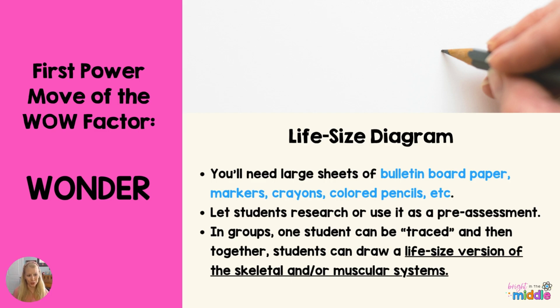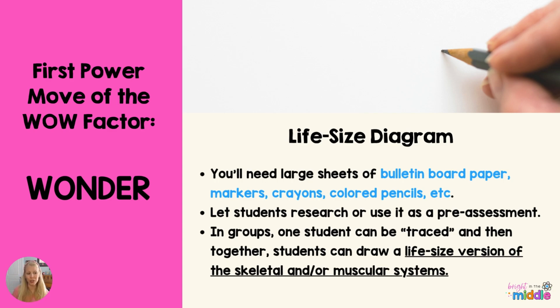So you could put your students into groups and pick one person in that group they can pick to lay down on that paper and to get traced. And their job, after they have that outline of their life-size body, they can start drawing life-size organs in the skeletal system and or the muscular system, whatever you want to choose.